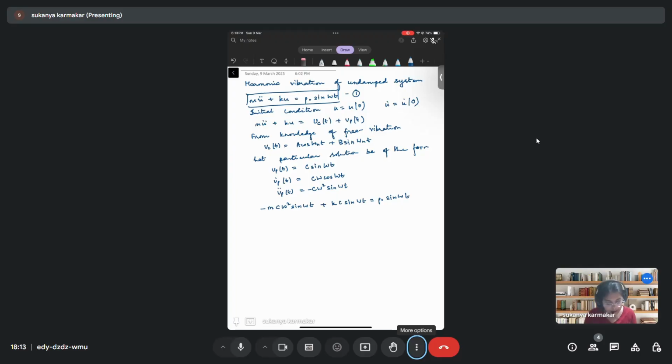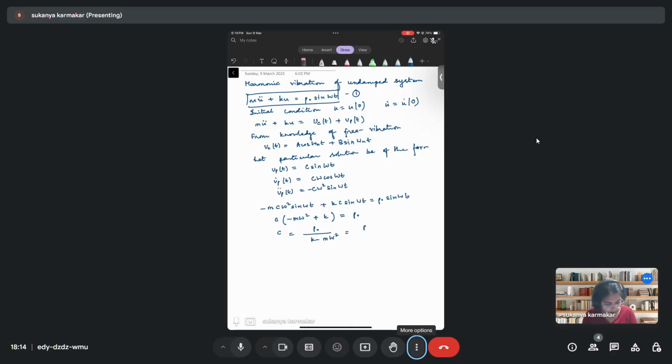From here you can calculate the value of c. Sine omega t is there on the left hand side and right hand side, and it cannot be equal to 0, so you can easily remove it. Here you will have minus m omega square plus k times c is equal to P naught. So c is equal to P naught by k minus m omega square.